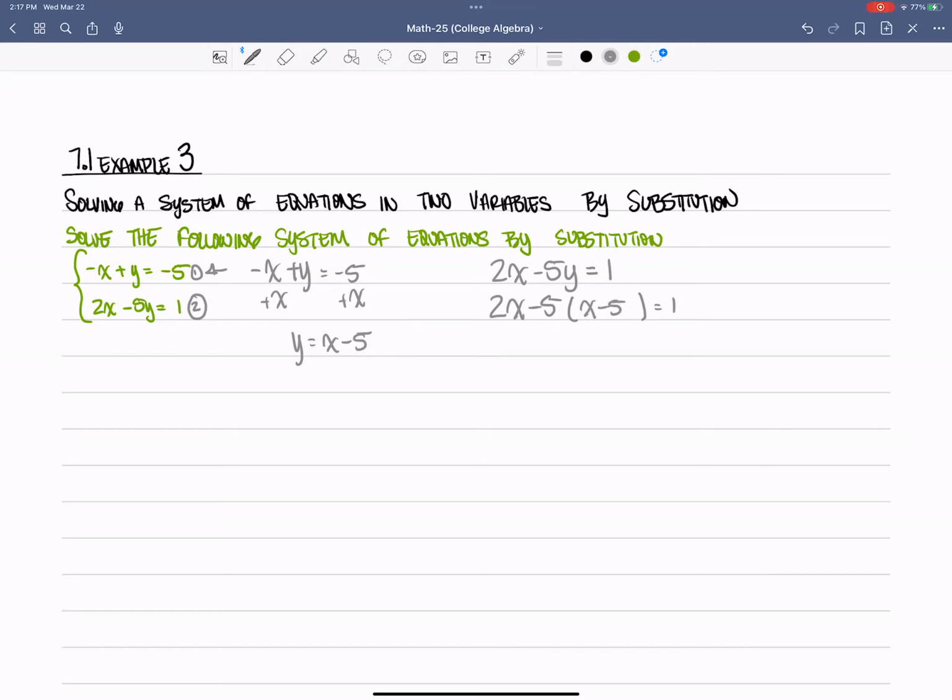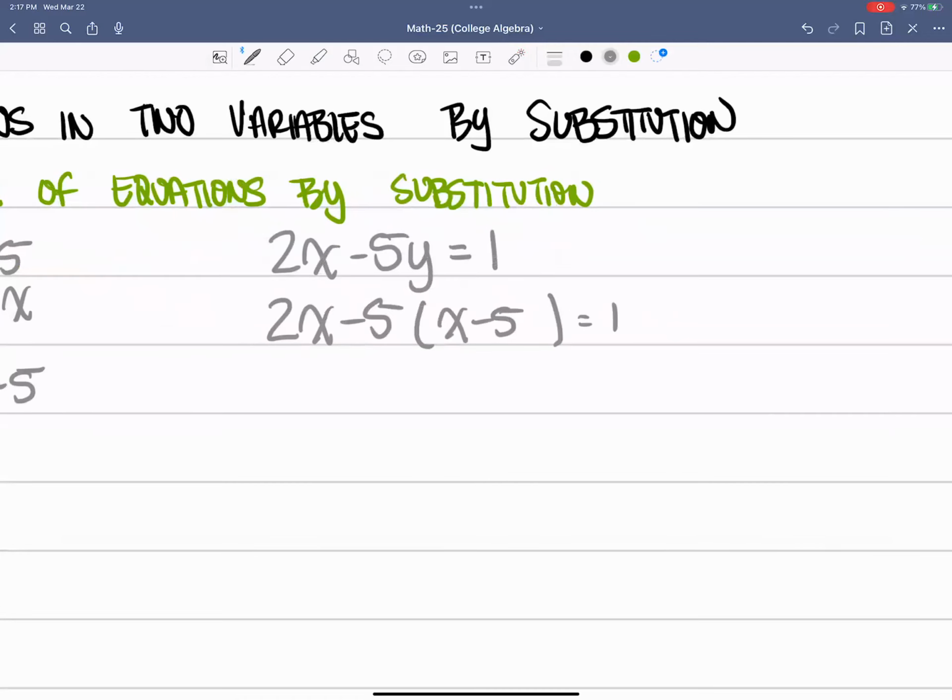And from here, we just have to distribute, isolate x, basically just solve for x. So we could distribute that -5 there. 2x minus 5x, negative times negative is a positive, so that's going to be plus 25, is equal to 1. So in one step, I'm going to combine these two, and I'm also going to subtract 25 from both sides, just to start getting that x by itself.